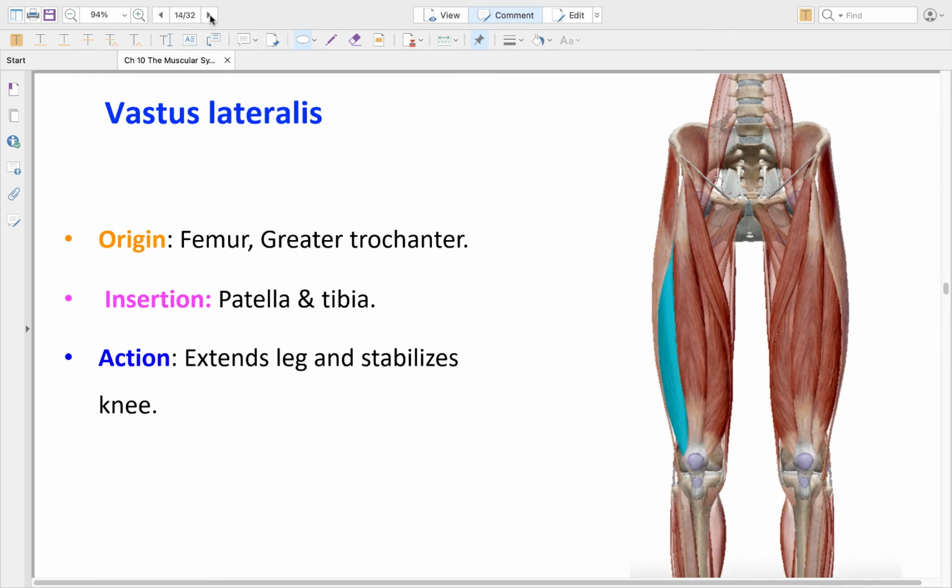The next one is called vastus lateralis. Vastus lateralis is on the lateral side of the body, and the origin is on the femur, and specifically at the greater trochanter, and it's going to insert in the same location as rectus femoris at the patella and tibia.